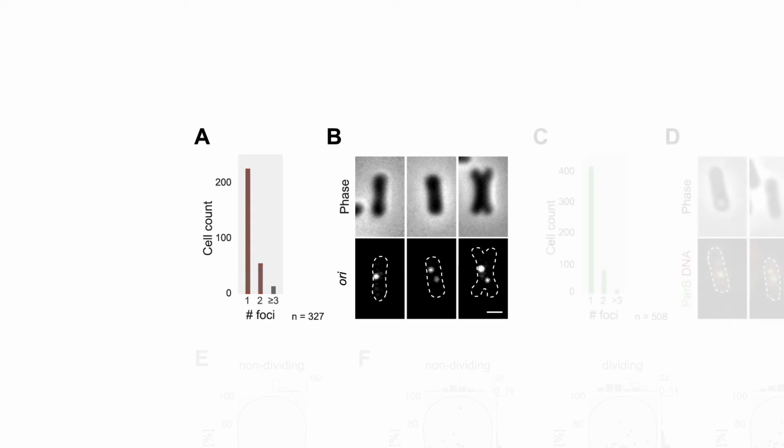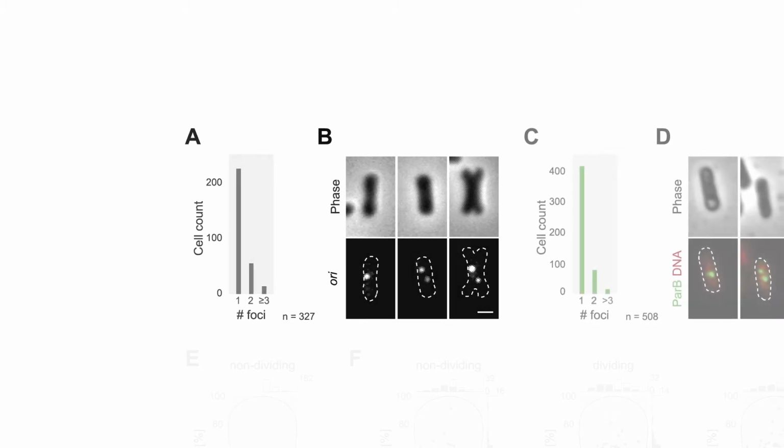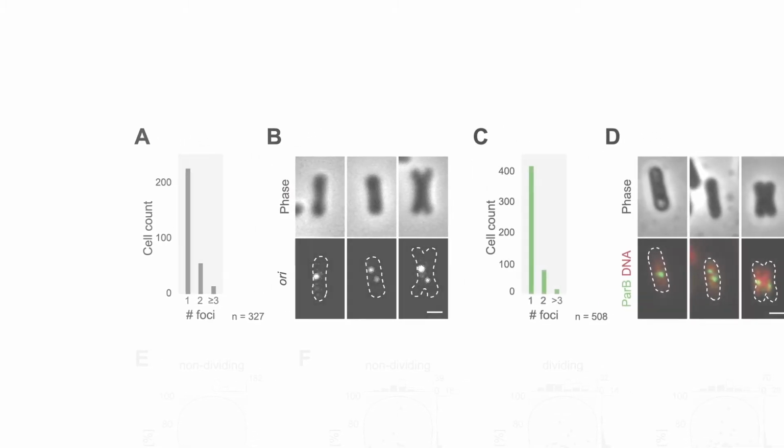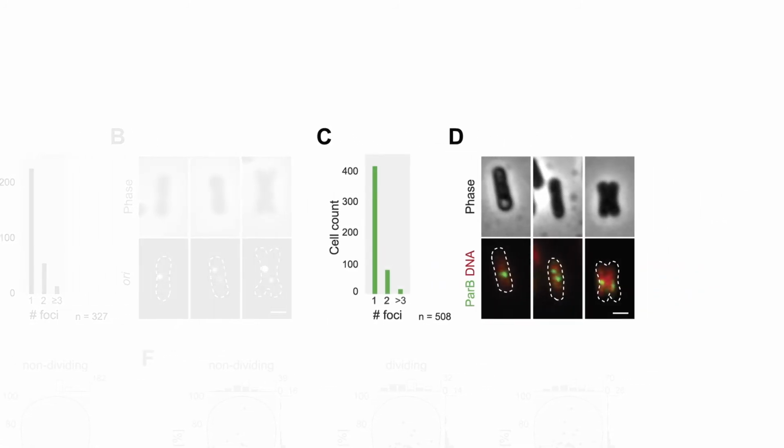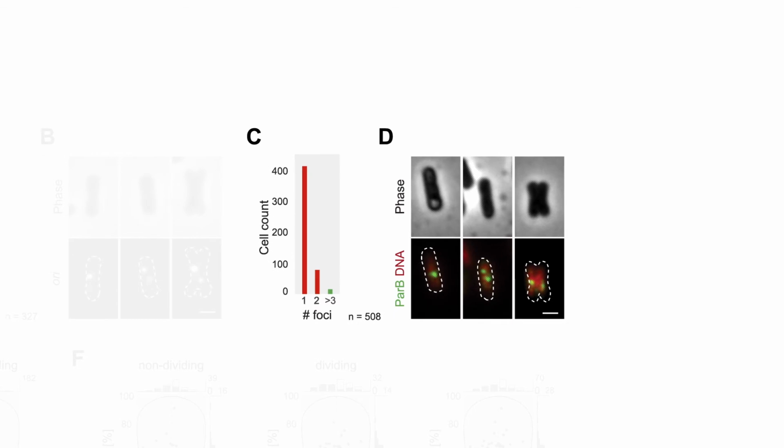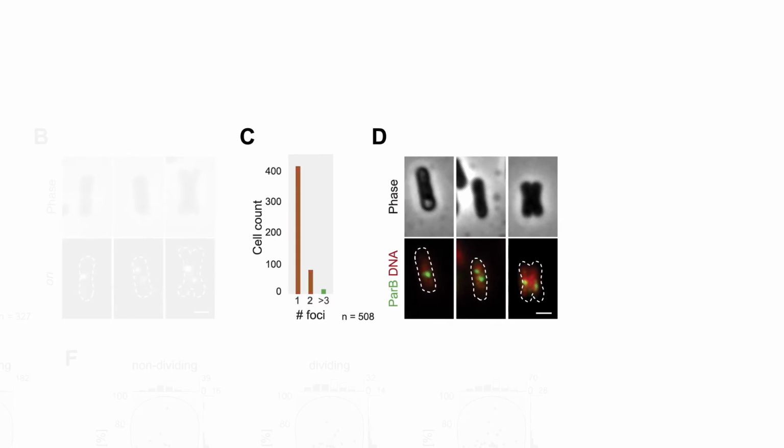If we assume that one fluorescent focus equals one ORI copy, we conclude that the nematode symbiont is monoploid. This conclusion was also supported by counting the number of fluorescent foci obtained with an anti-ParB antibody shown in Figure 1d.